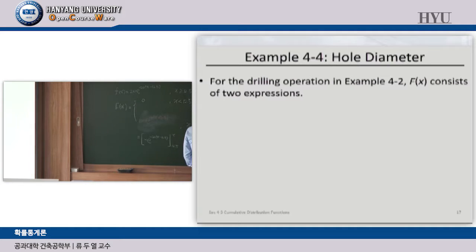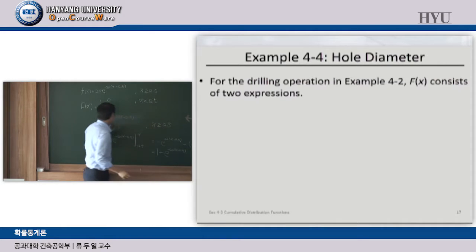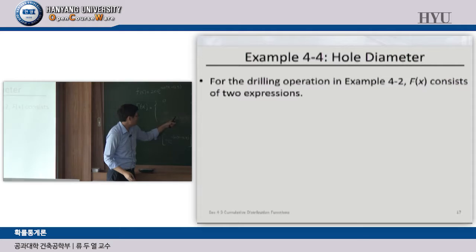And when x is larger than 12.5, we have the equation 1 minus e to the minus 20 multiplied by (x minus 12.5).